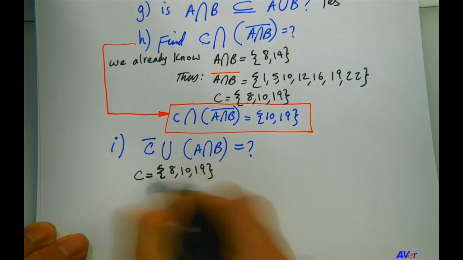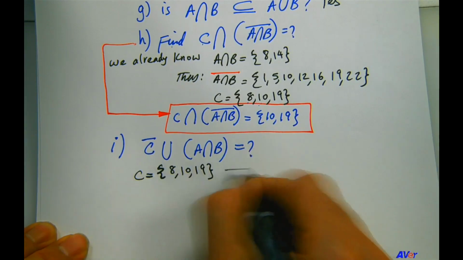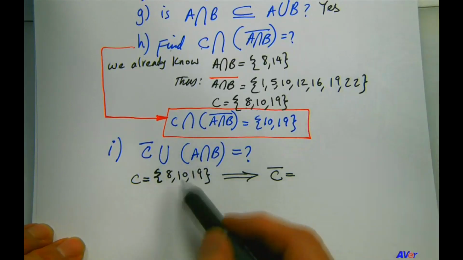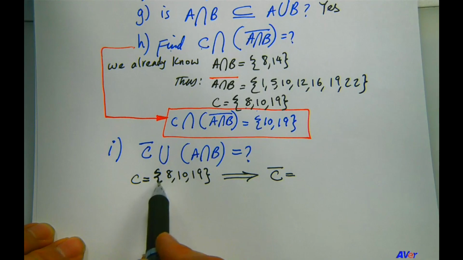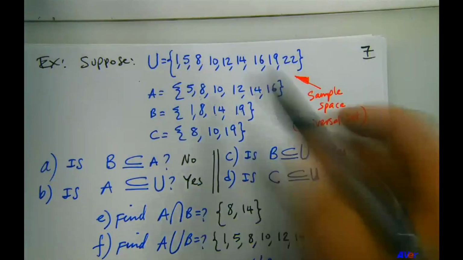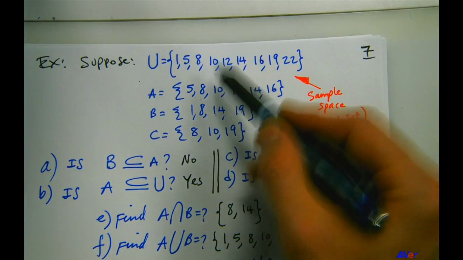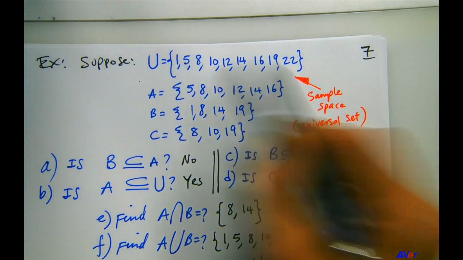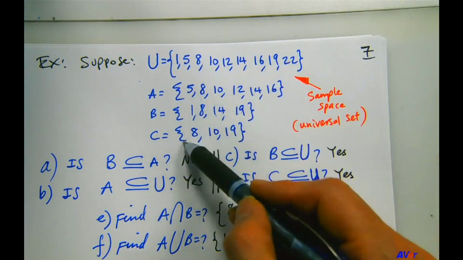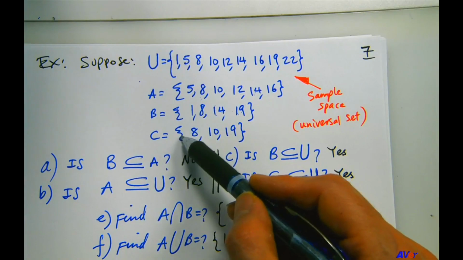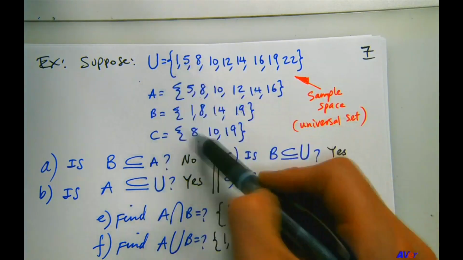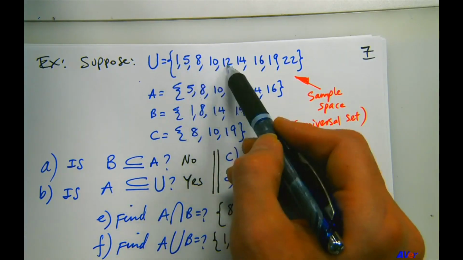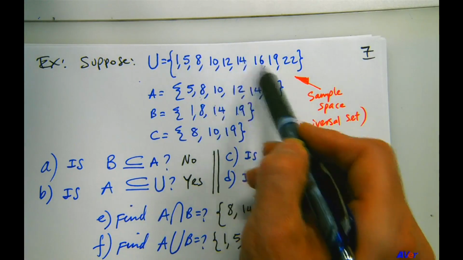So that's C, right? Therefore, C bar will be any of these elements that are not part of C, but are part of the sample space. C is comprised of 8, 10, and 19. So C bar is all the other elements that are not in C: 1, 5, 12, 14, 16, and 22.